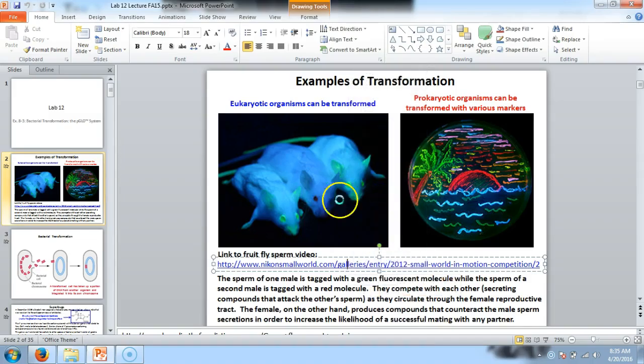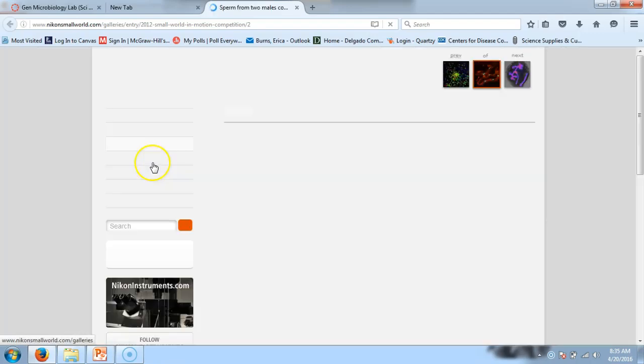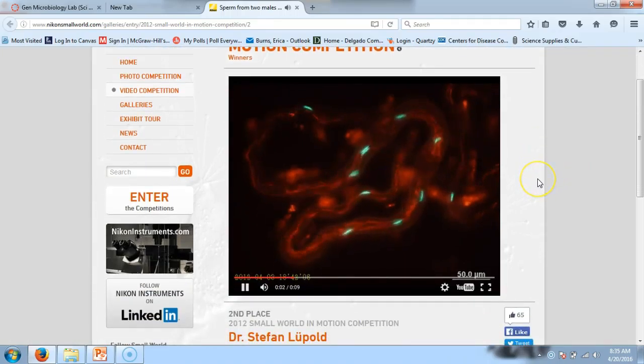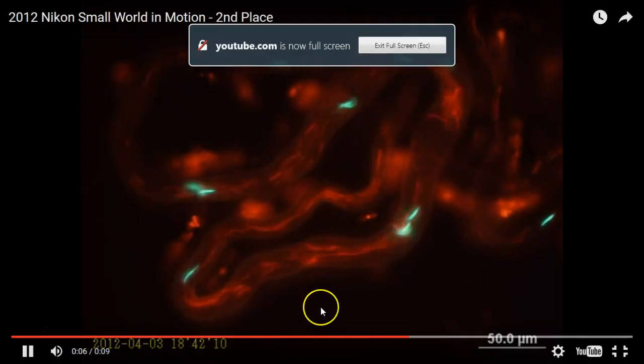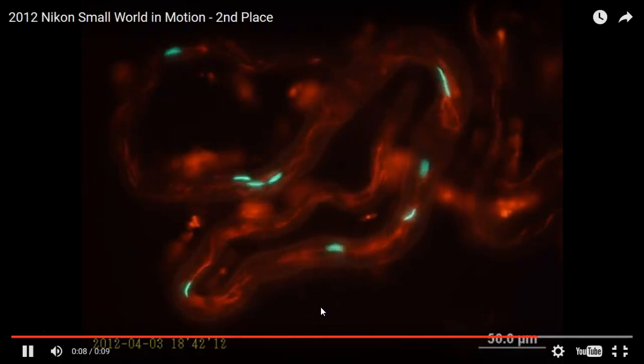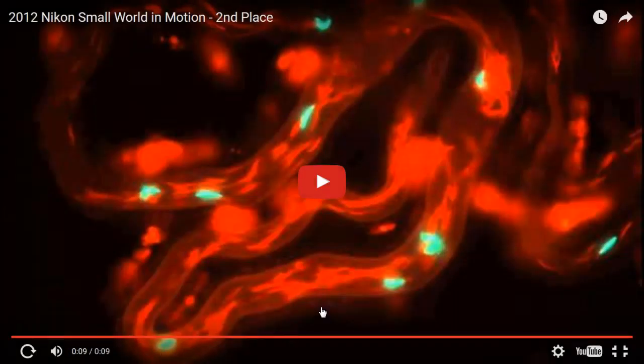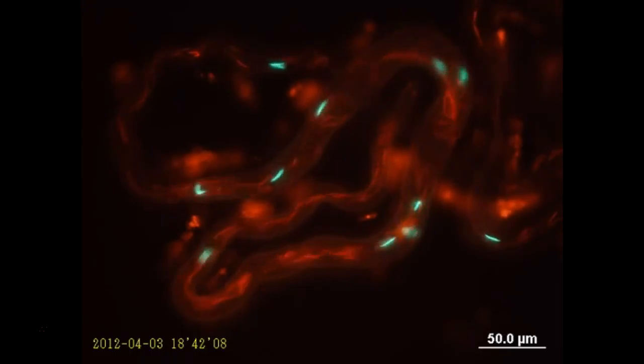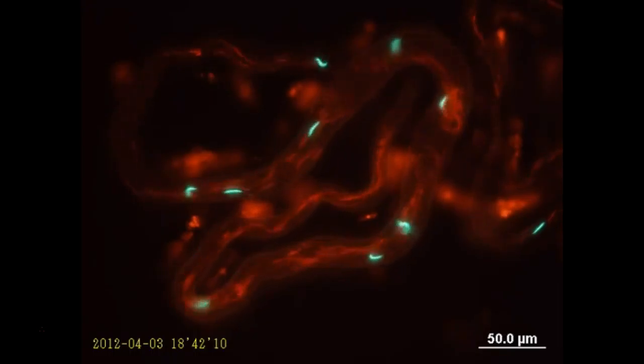Open hyperlink. So you can see here, I'll blow it up. This is the reproductive tract of a female fruit fly. And what you see swimming around are, of course, the sperm that she's been inseminated with, or mated with.